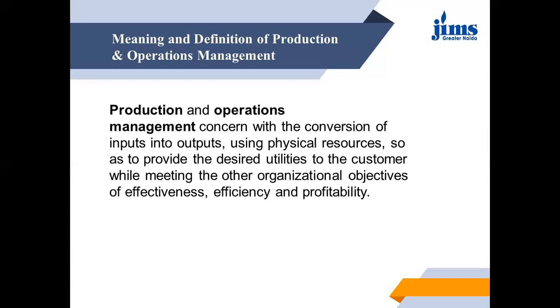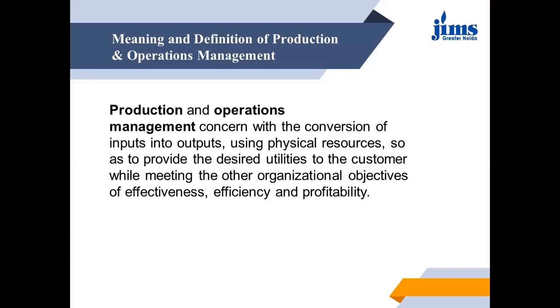It translates raw inputs or semi-finished inputs into outputs, also known as the final products. Now, it uses physical resources. When I talk about physical resources, I talk about the tangible resources, including our machines, raw material, and our people.